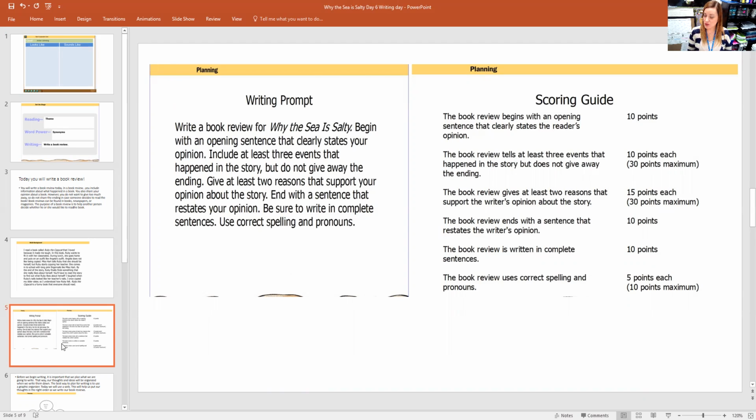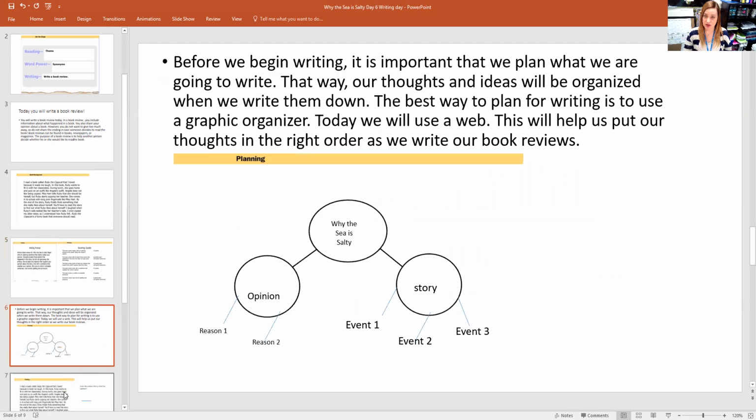That's worth 15 points for each reason, for 30 points total. The book review ends with a sentence that restates the writer's opinion. That's worth 10 points. The book review is written in complete sentences. That's worth 10 points. The book review uses correct spelling and pronouns. That's worth 5 points for each thing, for 10 points maximum total.